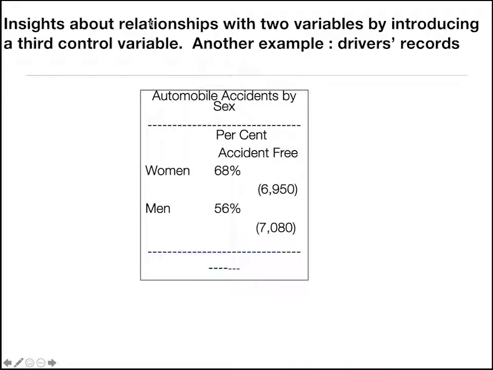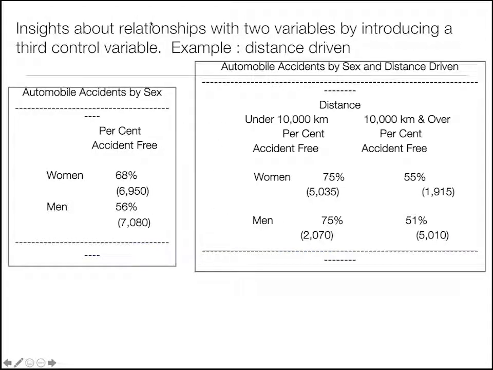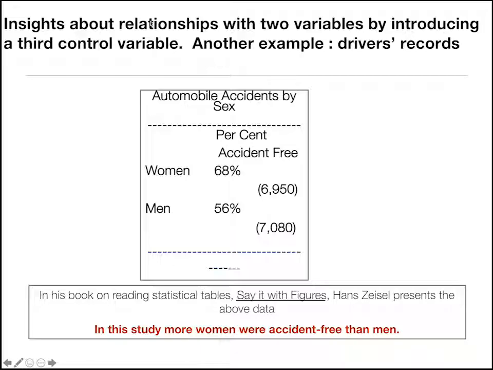Here's another example. This is about male versus female drivers and the rates of accidents that they incur. I believe it's data taken from Hans Zeisel, Say It with Figures, and I'm trying to make an important point here.